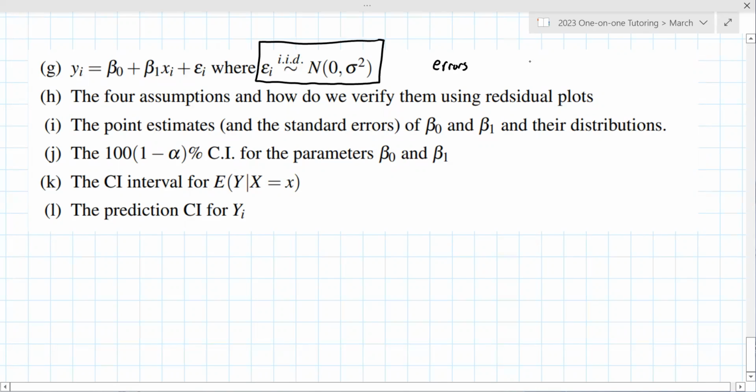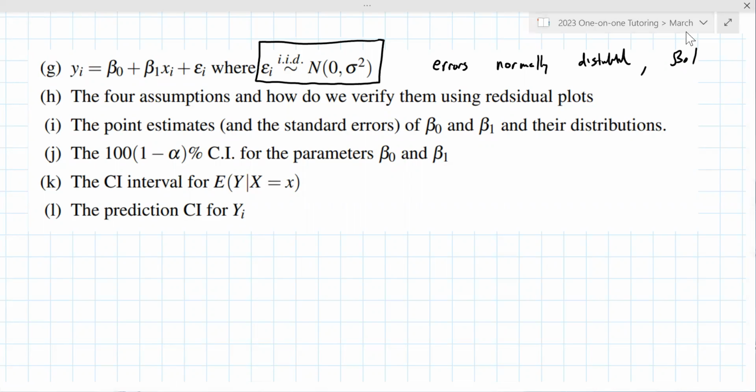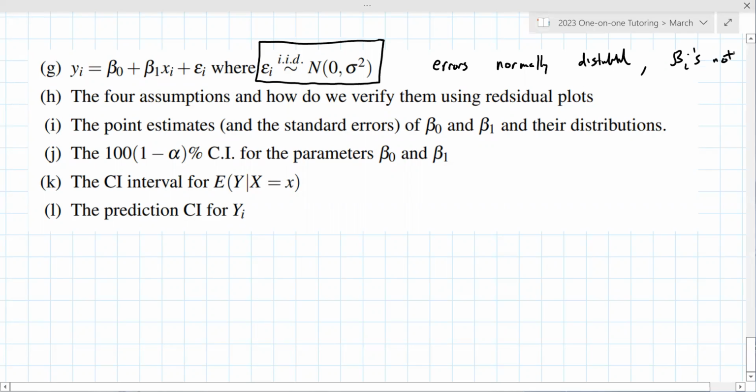I took AP stats my junior year of high school and tested out of the first semester of stats here. So a year and a half later, now I'm taking stats. It's been a while, and that notation is so not what AP stats did. I don't think we ever used beta.